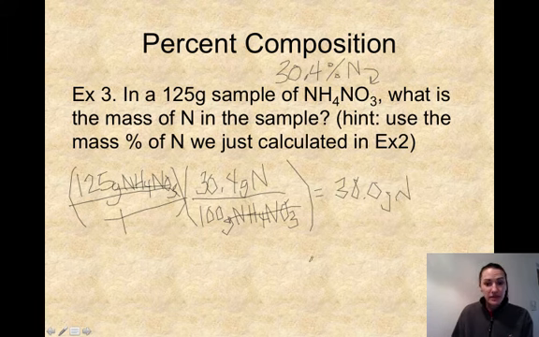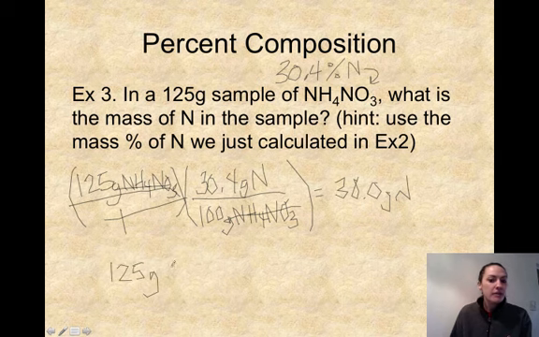You can think about it doing it this way, or some people, with percentages, like to see it a different way. So you can think about your sample, 125 grams, and you're going to multiply it by the percentage in decimal form, which is 0.304 nitrogen equals.